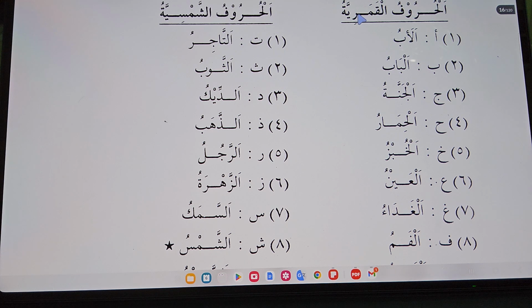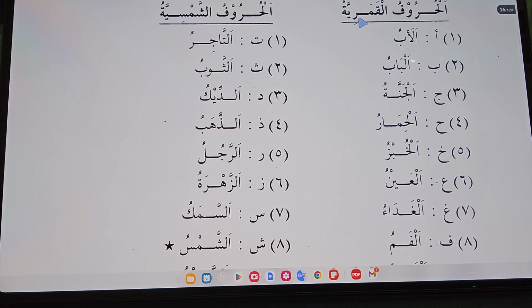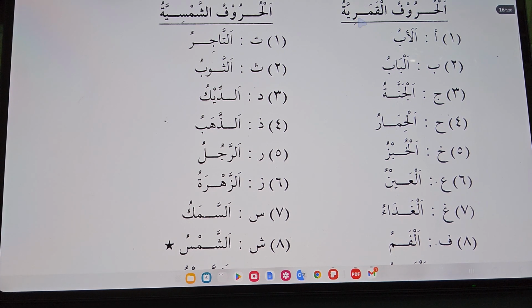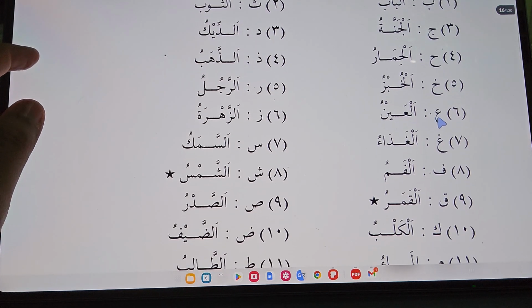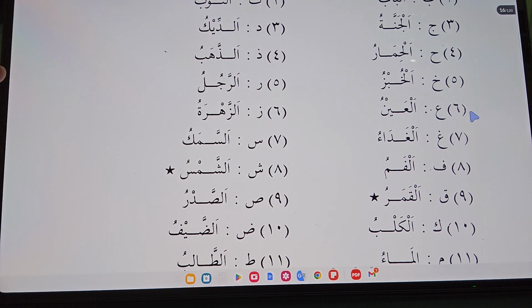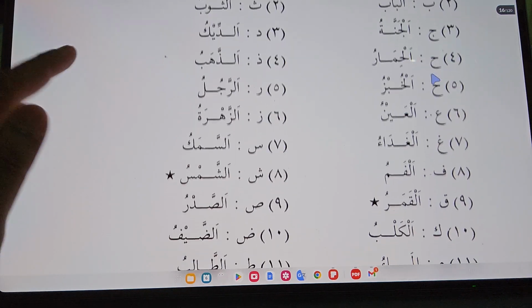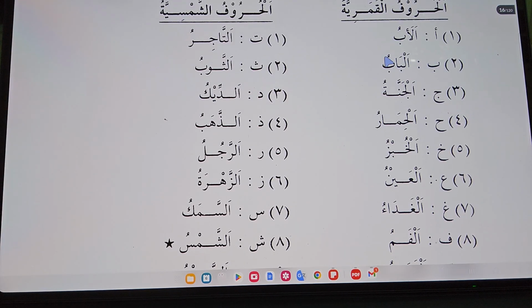Okay, here is huruf qamariyah. When you read, you have to read with the lam, like al-abu, al-babu, al-jannatu, al-himaru. Akhana Sabir, you read this.